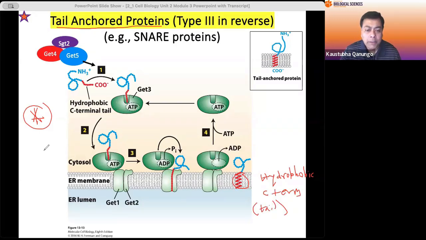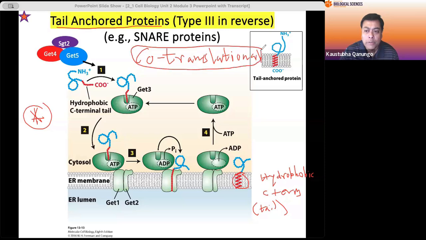All the other examples that we saw, and even what we will see later in the multipass, we saw so far, except one exception in the ER, all of the translocations are co-translational. Except this one, this is not co-translational, but post-translational translocation.